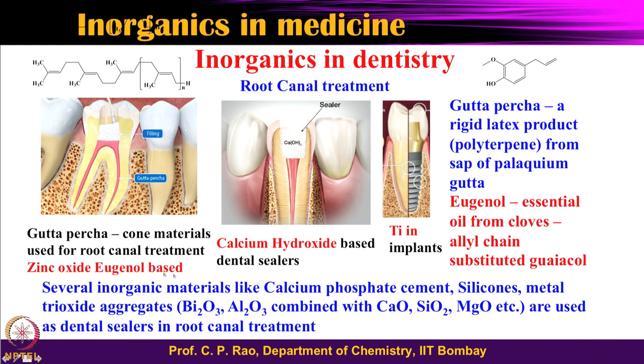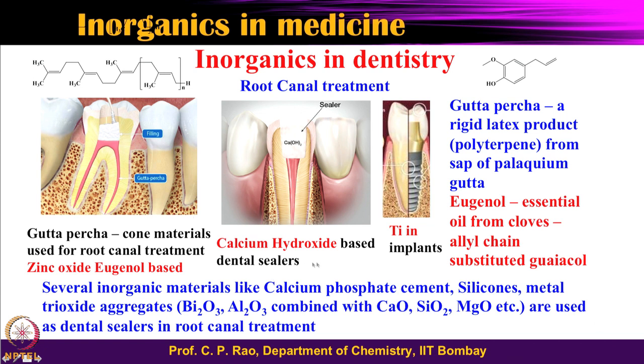So, you can use zinc oxide with eugenol base. Eugenol is the essential oil obtained from the clove, as you can see here. It has an allyl chain and is a substituted guaiacol. So, gutta percha or eugenol, zinc oxide with eugenol, all these things can be used for filling the root canals.